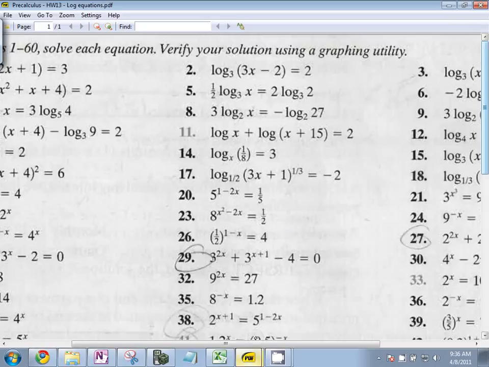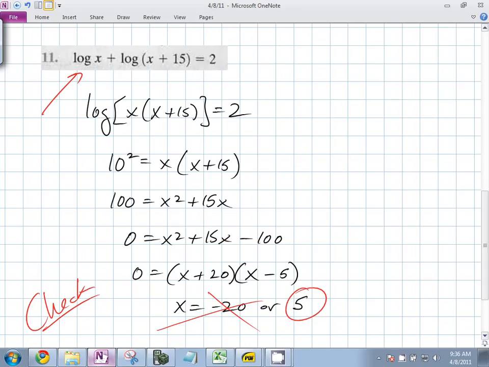Can't plug in a negative number into there. But where does the wrong answer come in? I can't explain that. Do you understand what we're doing right here, though? Do you understand why it doesn't work? I don't know.